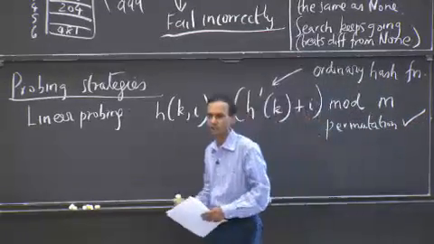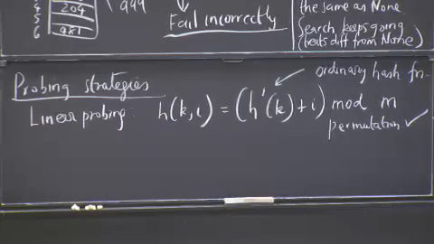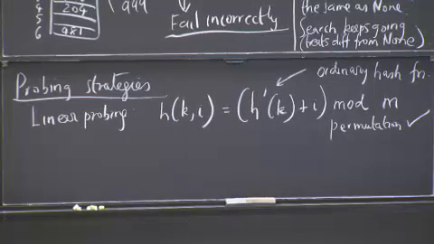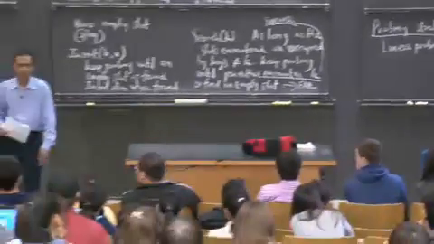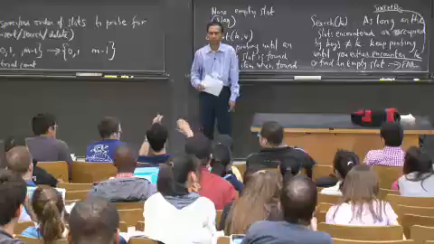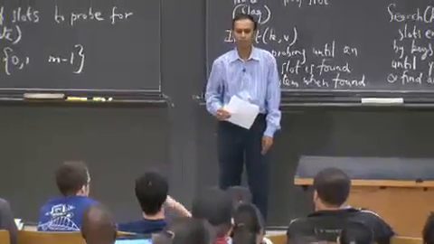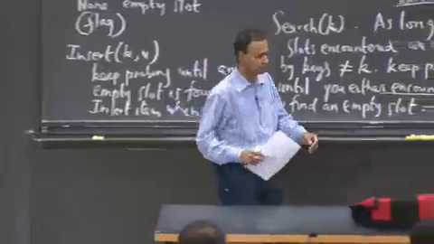What's wrong with this? Someone? Okay, go ahead. The fact that if you have a bunch of keys which are all filled, then if you hit anywhere in here, you're just expanding the list of consecutive keys. Great, that's an excellent answer.